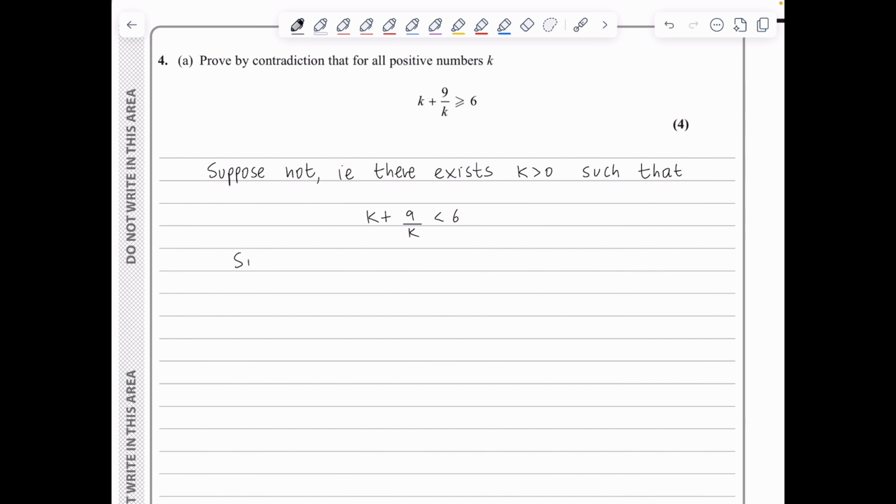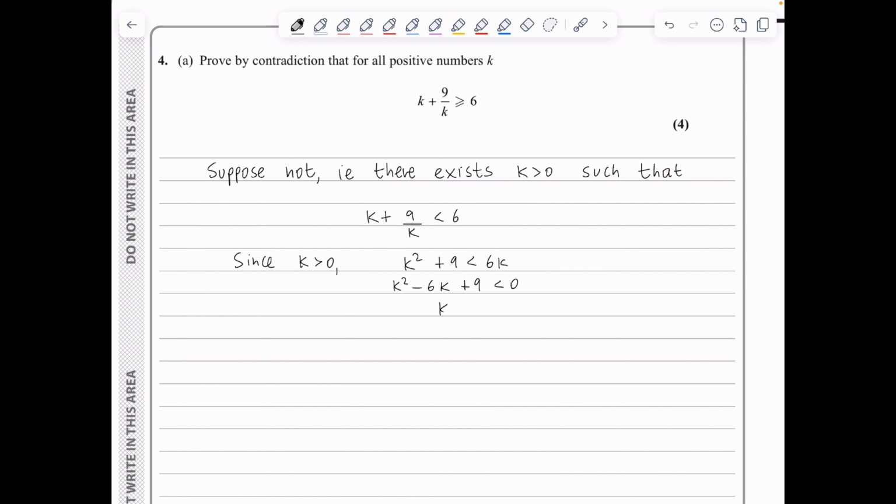Well, since k is positive, since k is greater than 0, I can multiply throughout by k without having to worry about changing the direction of the inequality, leading to k squared plus 9 being less than 6k. I will be collecting everything on the left hand side to get k squared minus 6k plus 9 being less than 0, which I should recognize as a perfect square.